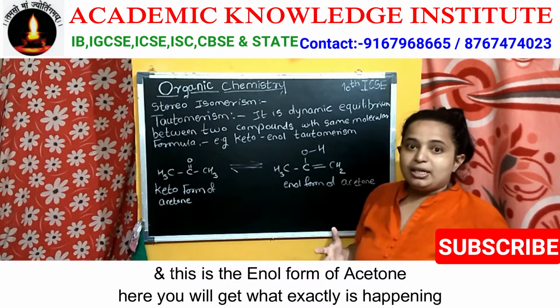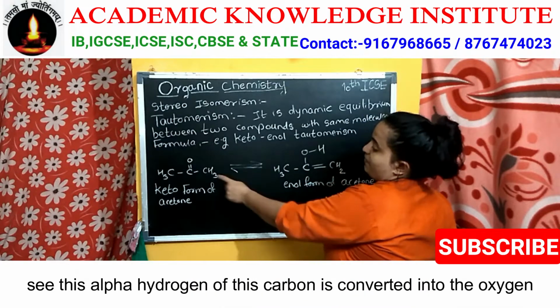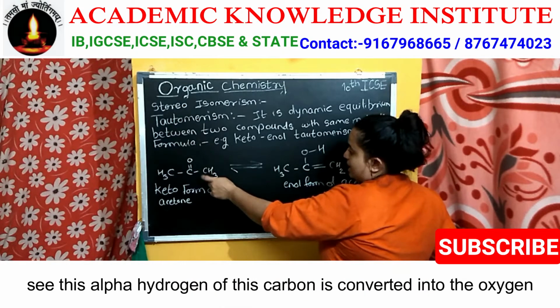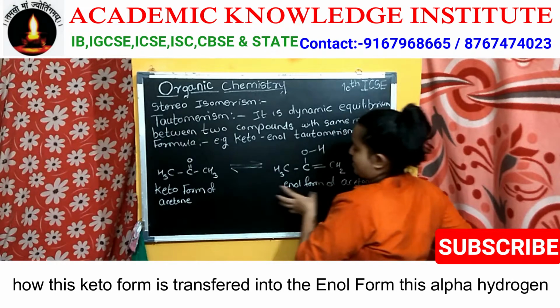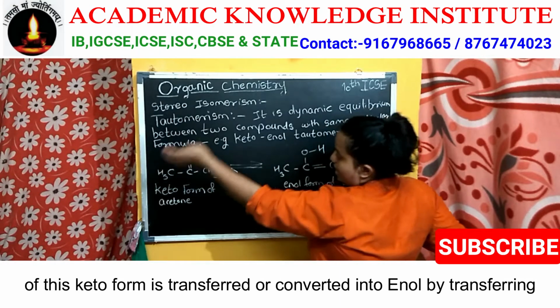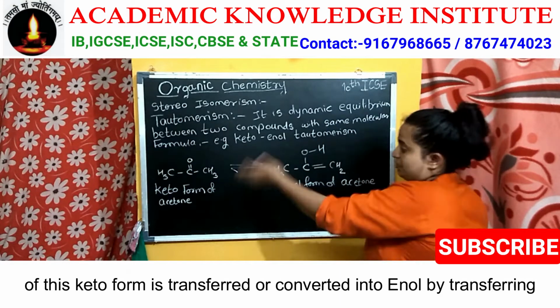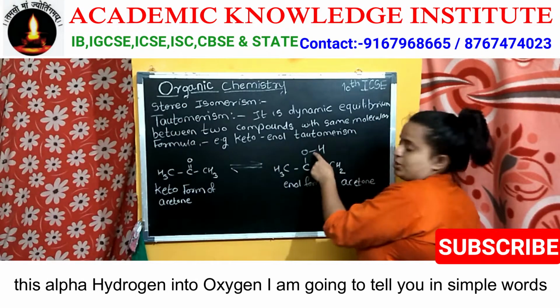See, the alpha hydrogen of this carbon is transferred to the oxygen here. How is this keto form transferred into the enol form? The alpha hydrogen atom of the keto form is converted to enol by transferring this alpha hydrogen to oxygen.